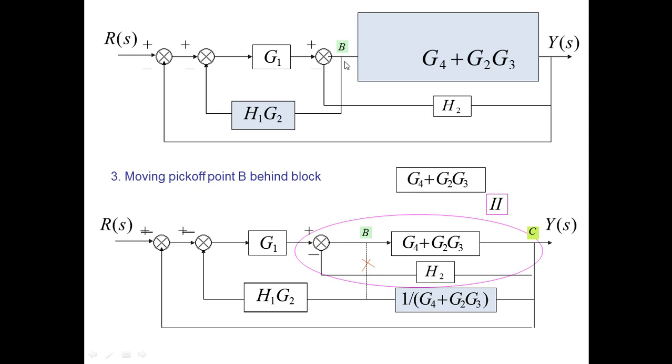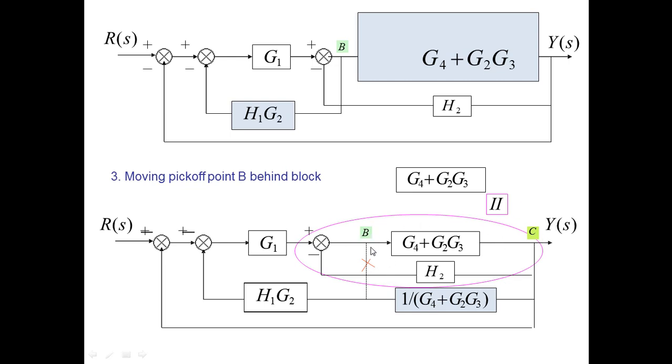You can see that when we move this point to this side, we have to take this G4 plus G2 G3 from this H1 G2. So we will divide it. You can see that we will be dividing this by G4 plus G2 G3. So we will be doing this at this side along with H1 and G2, and we will be able to move this pickoff point from here to here, and after that we will be able to solve this loop.